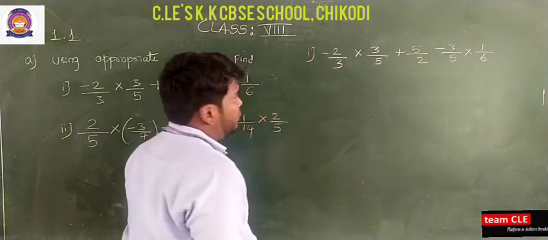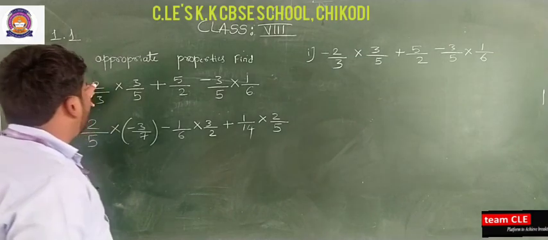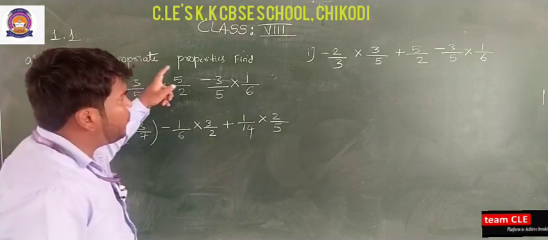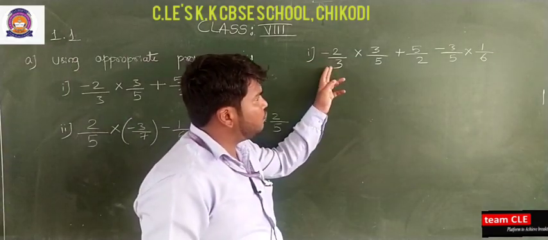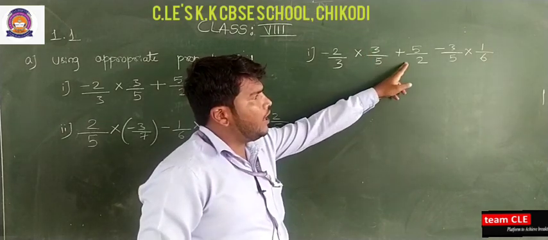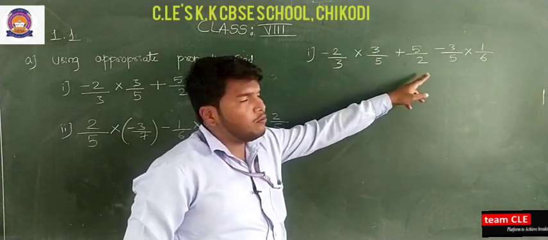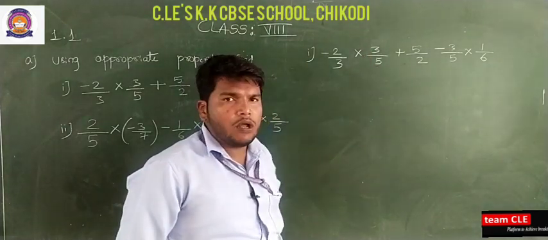So this is your question. What the question says is, using appropriate properties find minus 2 by 3 into 3 by 5 plus 5 by 2 minus 3 by 5 into 1 by 6.